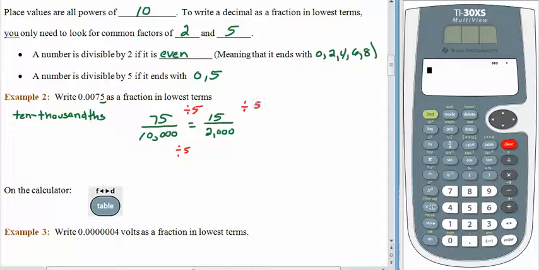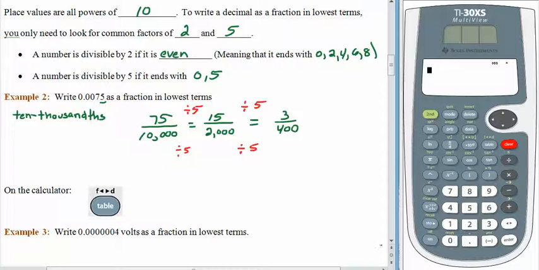We'll divide the numerator by 5 and the denominator by 5. 15 divided by 5 is 3. 2,000 divided by 5 is 400. And we already know that there aren't any factors of 3 in 400, because this came from 10,000, and 10,000 is made up of 5's times 2's. So that's it. We're all done.